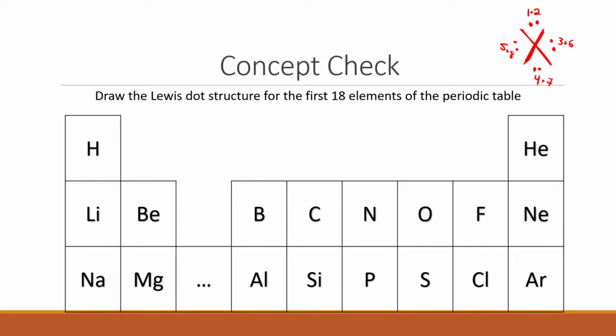When we do these correctly, we're going to end up with some diagrams that look a lot like this. And before I turn to the slide that shows the answers, if you need more time, please pause the video and keep working.